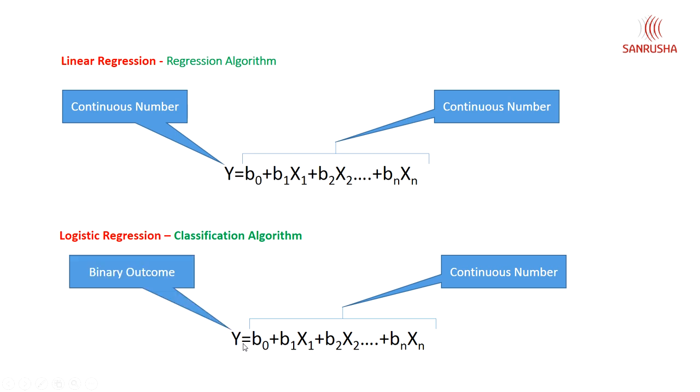But on the left side, because it's a classification technique, the outcome has to be a binary outcome in case of logistic regression. So binary outcome means values like yes, no, right, wrong, 0, 1. So that kind of outcome. The complexity here is how do you get a binary outcome with continuous numbers. And that's where the whole fun behind the mathematics starts.